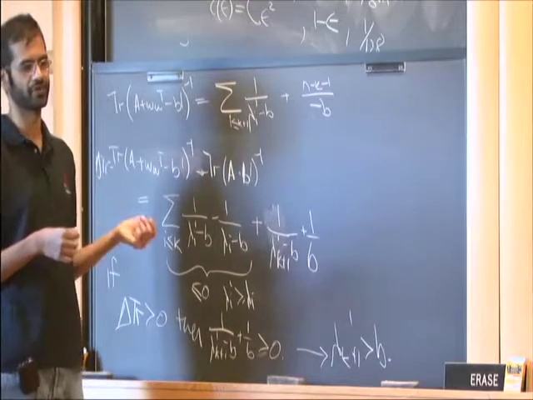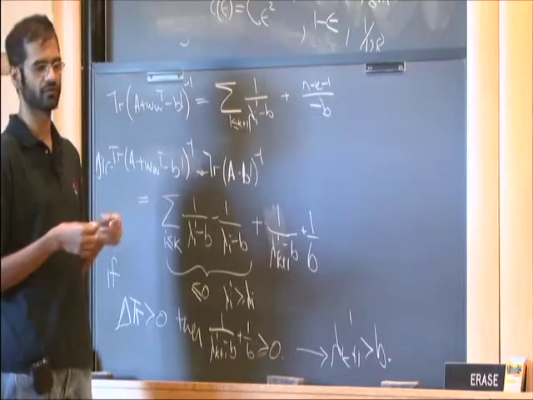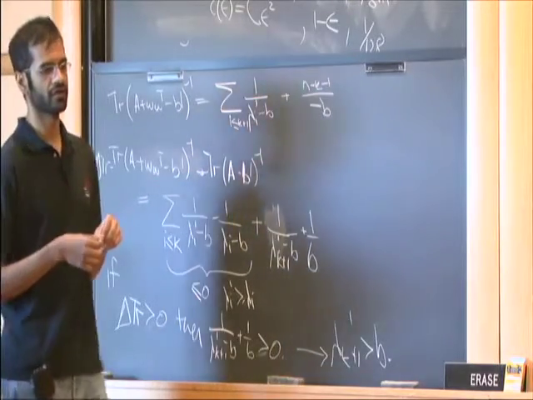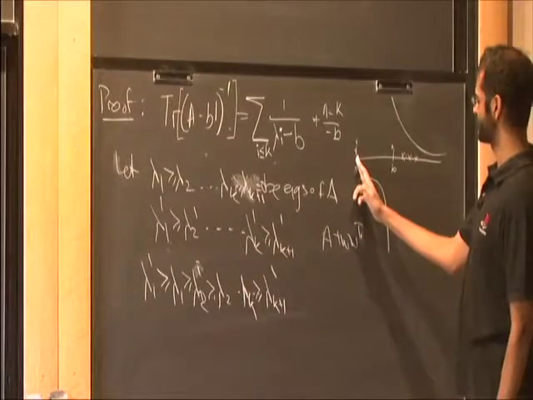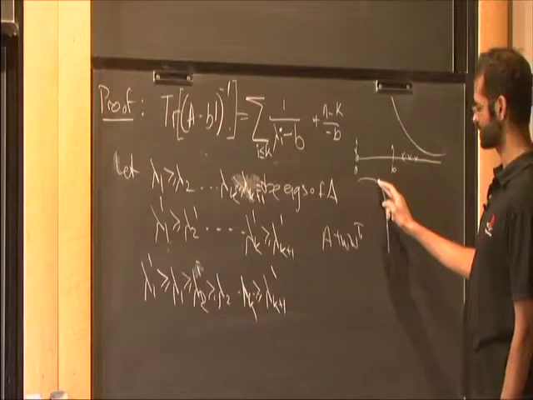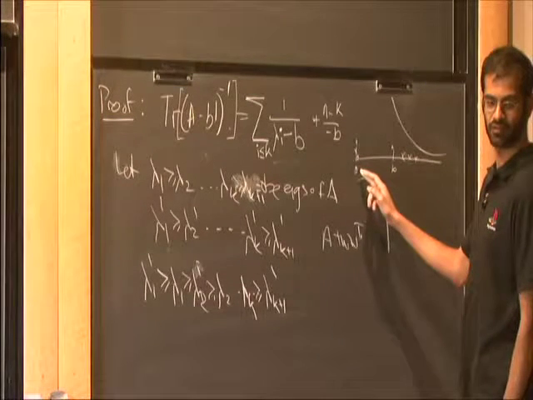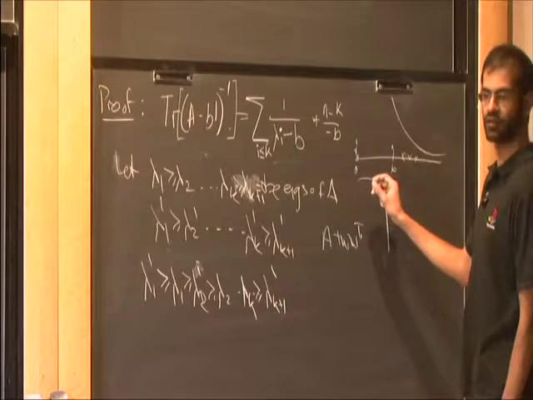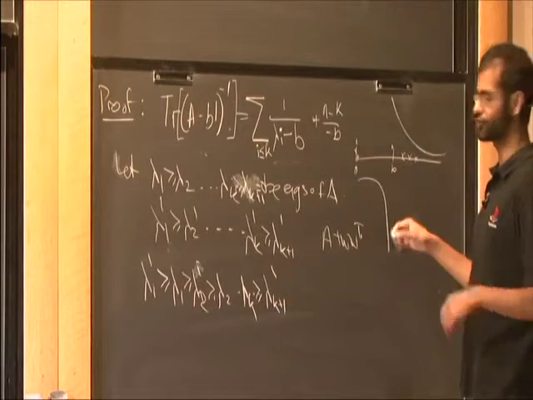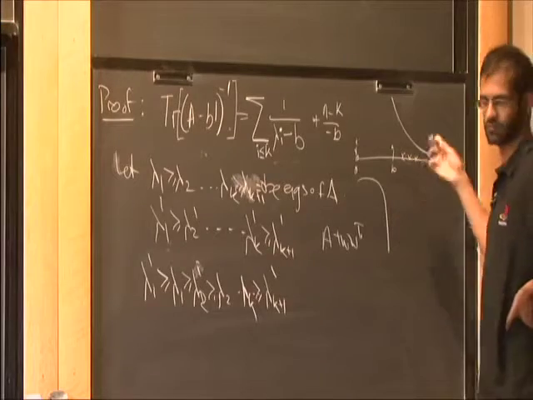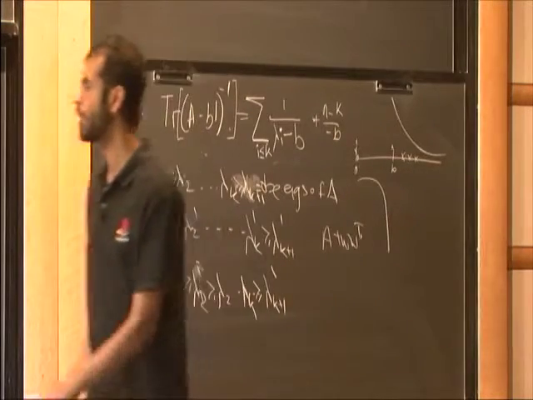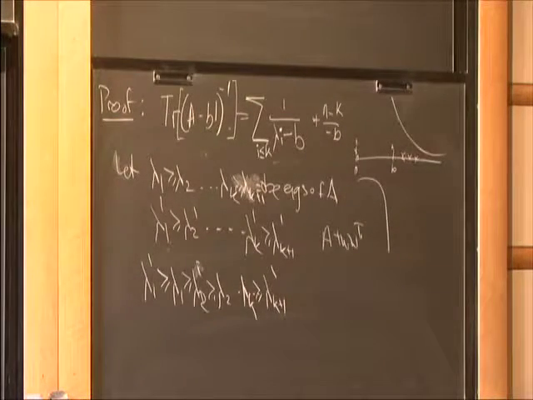You get minus 2 over B plus 1 over B. Basically what happens is 1 over B is the value here. And if lambda is anywhere here, this thing is more negative than this thing. So you're basically comparing the value at 0 to the value somewhere here. Okay.